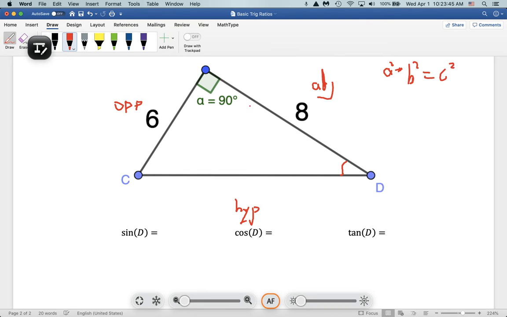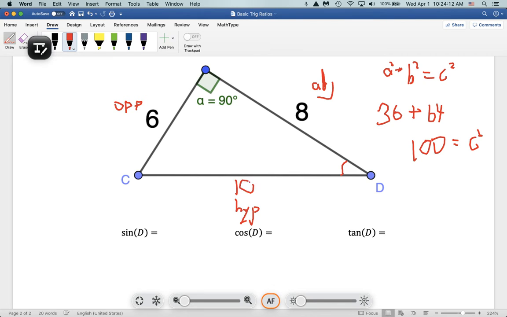And so what I'm going to do is I'm going to square the 6, that's 36. Add it to 8 squared, that's 64. That gives me 100. And that 100 equals c squared, so I've got to square root that value. When I square root it, I get this hypotenuse is 10.